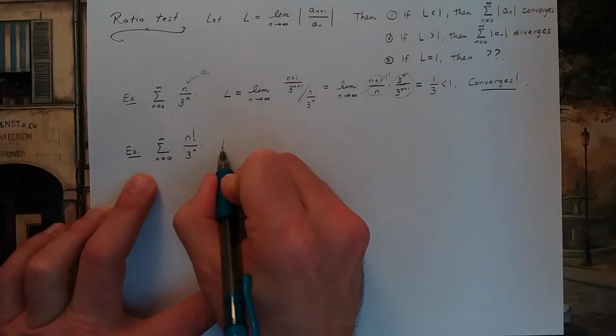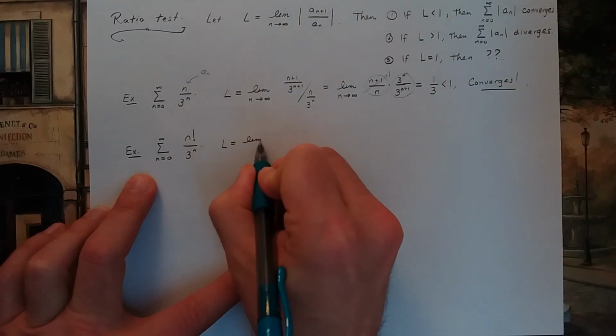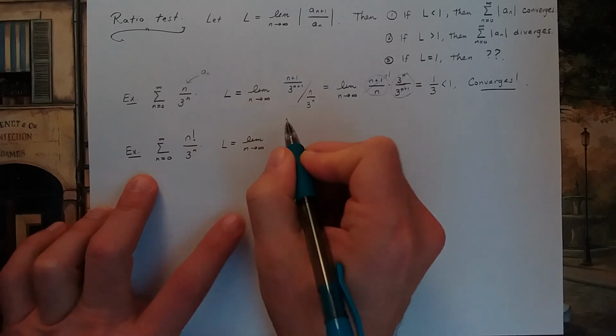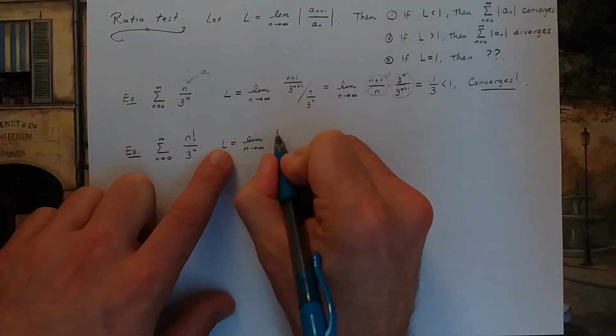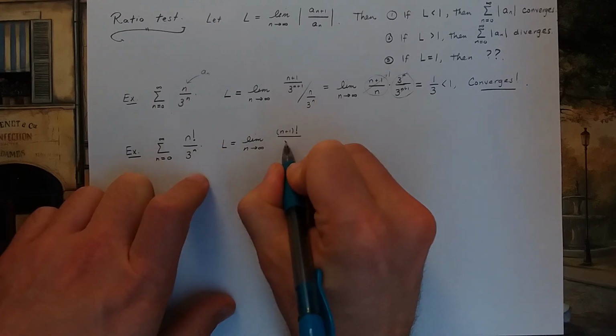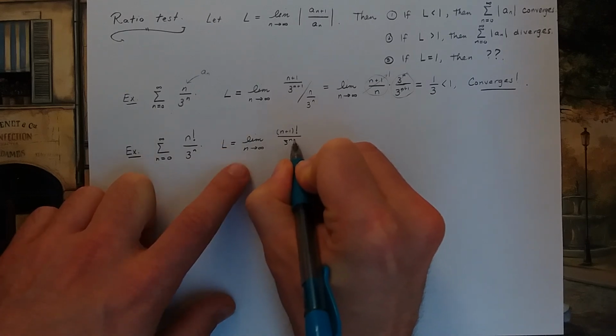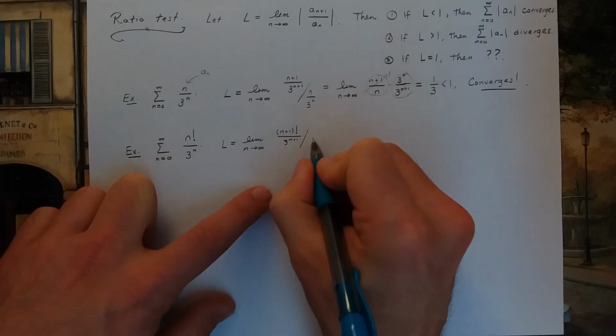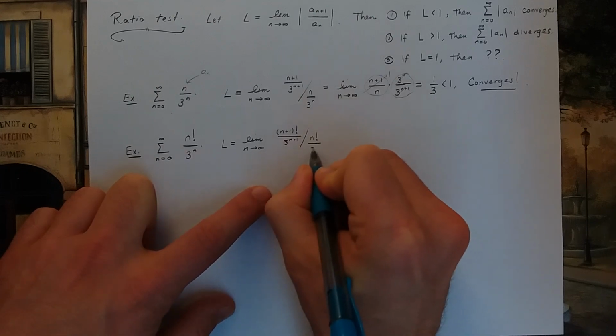So let's do L. That's the limit as n goes to infinity of the n plus first term, so n plus 1 factorial over 3 to the n plus 1, divided by n factorial over 3 to the n.